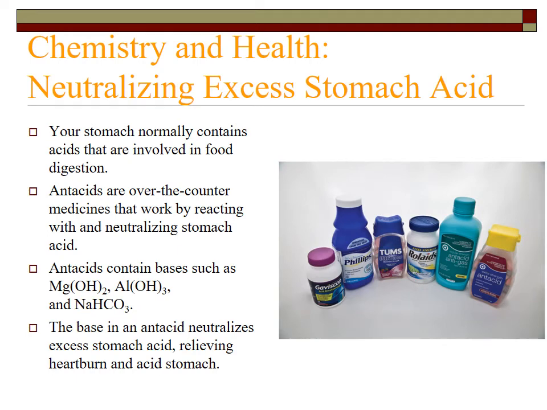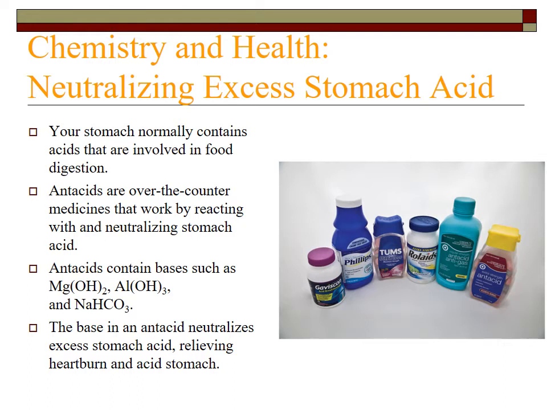So let's look at chemistry and how it's involved in health. Neutralizing excess stomach acid is one of the biggest things: Tums, different antacids, Rolaids, things of that sort. Your stomach normally contains acids that are involved in food digestion.